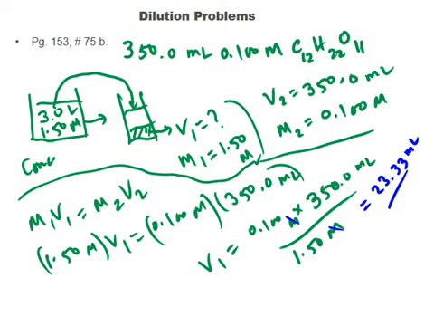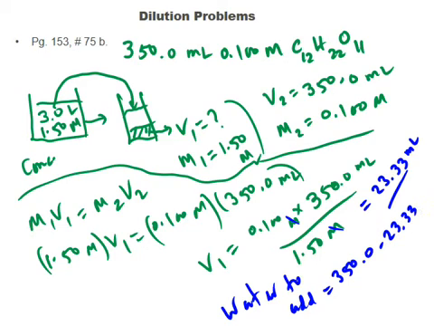So how much water to add? So let's write down here. Water to add. So take 23.33 ml and you need to add water so that the whole volume becomes 350. So 350 minus 23.33, and I'd like you to get this final answer.